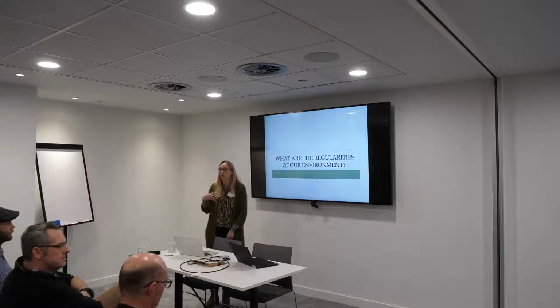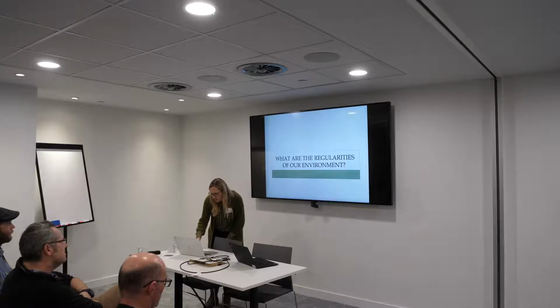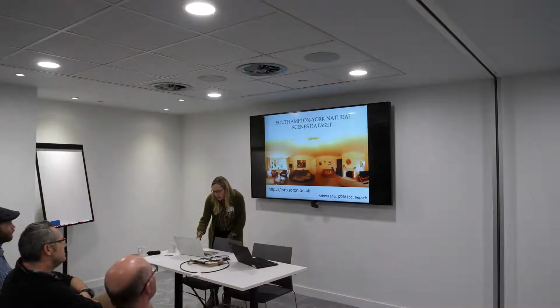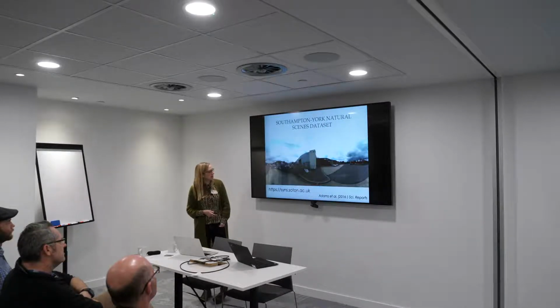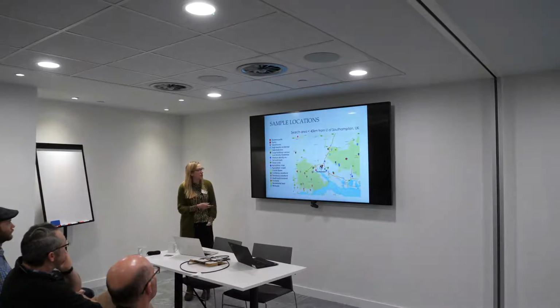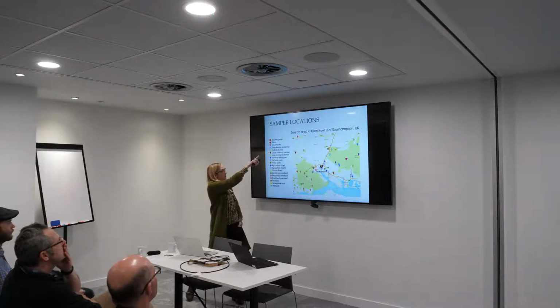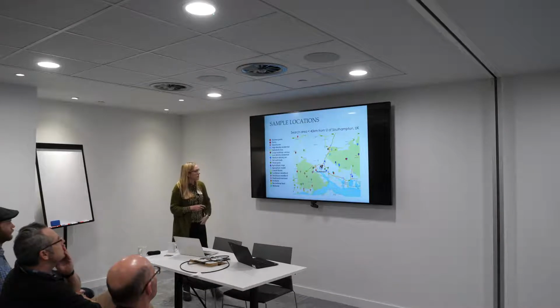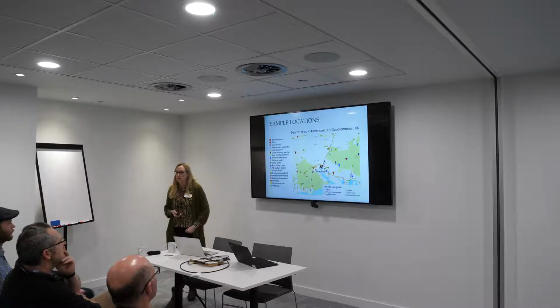To look at that, we've built the Southampton York Natural Scenes dataset, and that has within it indoor scenes, outdoor scenes which are more naturalistic, and outdoor scenes which are more man-made, like this beautiful view from Hampshire. We've actually sampled 100 different scenes from a region within Hampshire around Southampton, and we've sampled scenes from all of these different 29 categories of scene types, as well as some indoor categories.